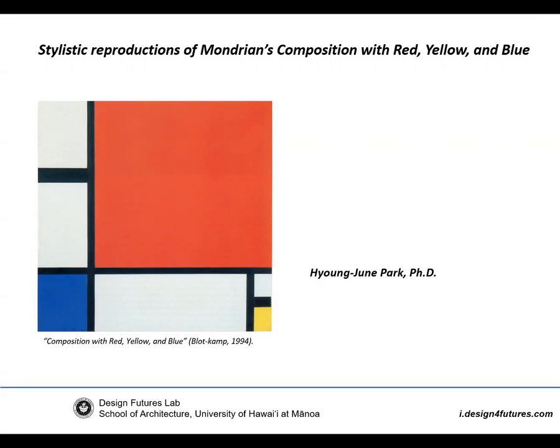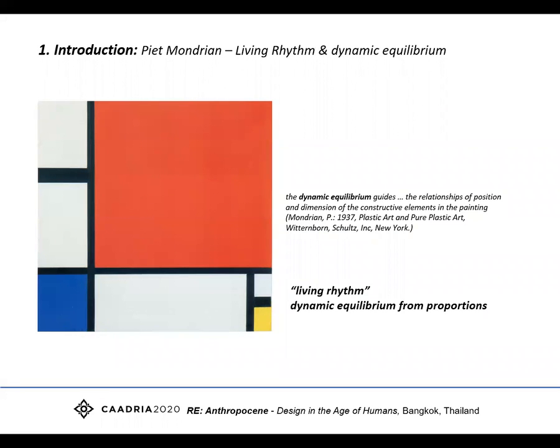Today I will talk about stylistic reproductions of Mondrian's Composition with Red, Yellow, and Blue. The motivation for generating stylistic reproductions conducted in this paper comes from the design of a building facade that delineates the proportional patterns embedded in Mondrian's painting.